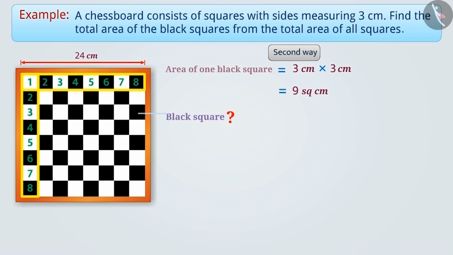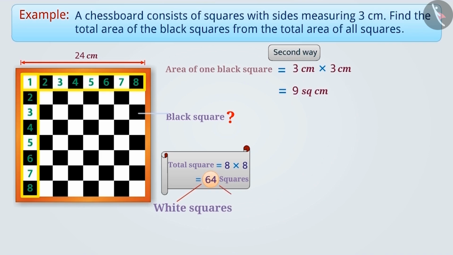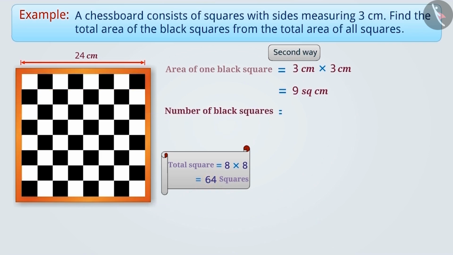Therefore, we can say that the total number of squares on a chessboard are 8 multiplied by 8 is equal to 64 squares. Half of these are white squares and half are black squares. With this, the total number of black squares will be 64 divided by 2 is equal to 32.